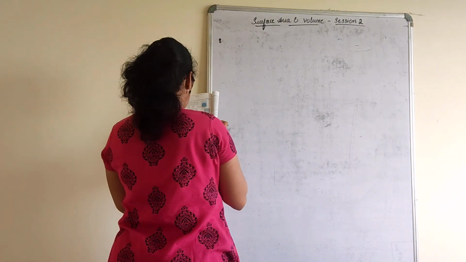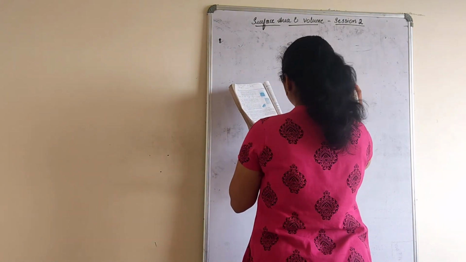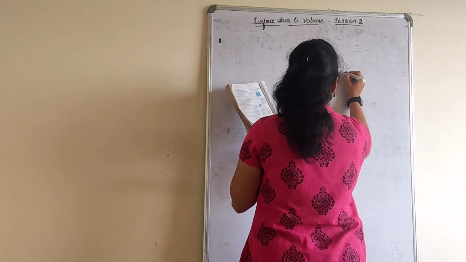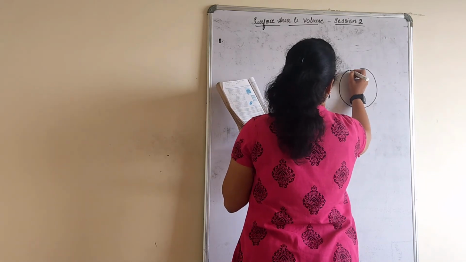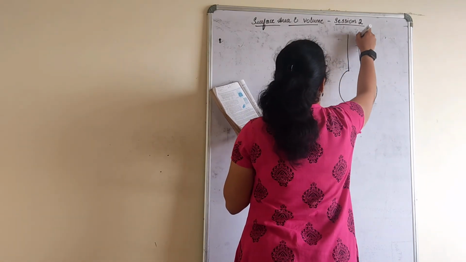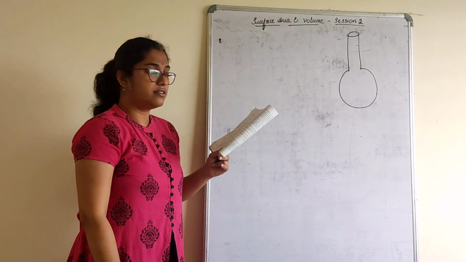A spherical glass vessel has a cylindrical neck. So a spherical glass vessel, a round bottom glass, what we have in our laboratory, right? That is something what it is. So this is a cylinder and this is a sphere.